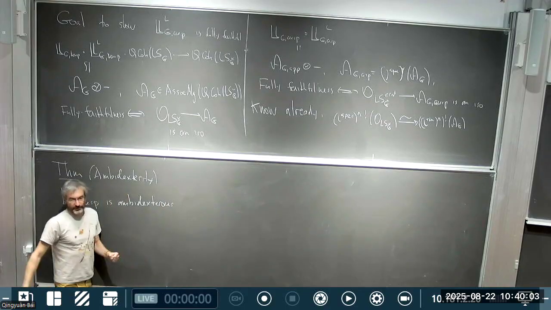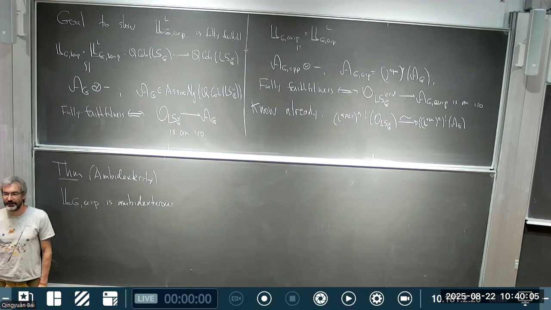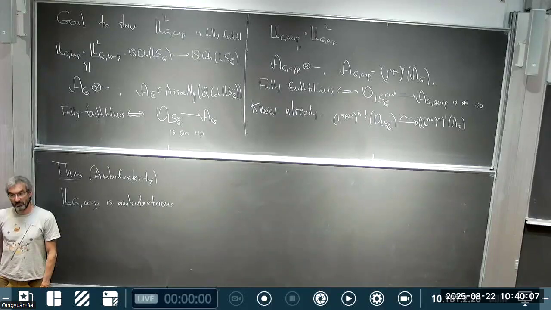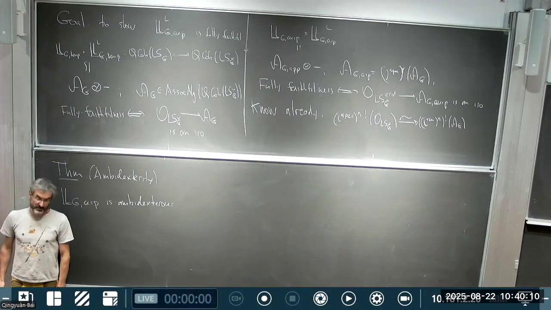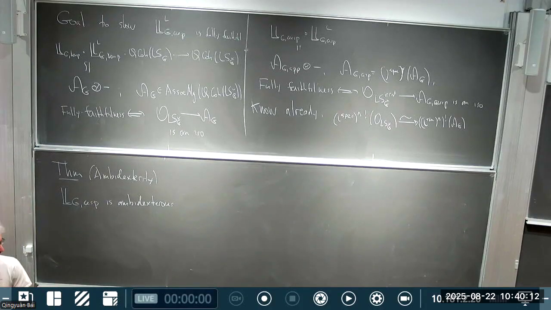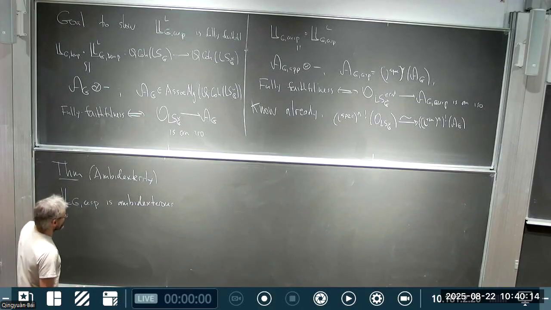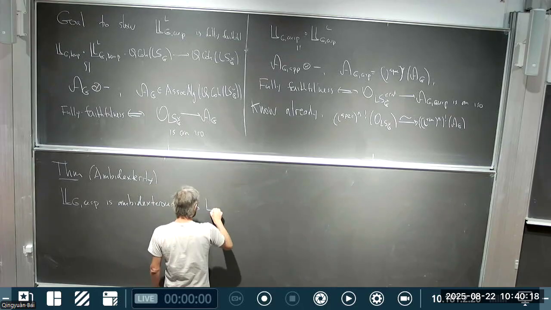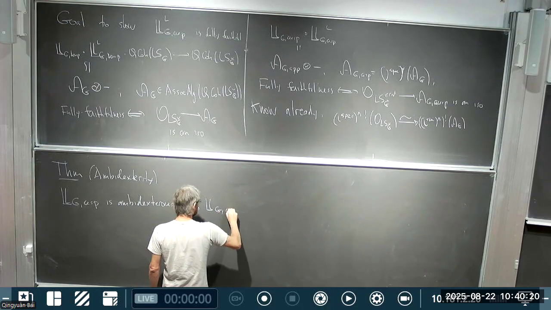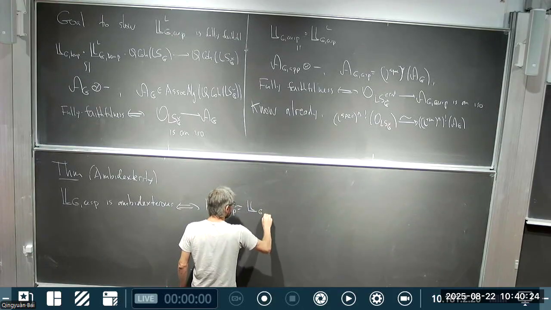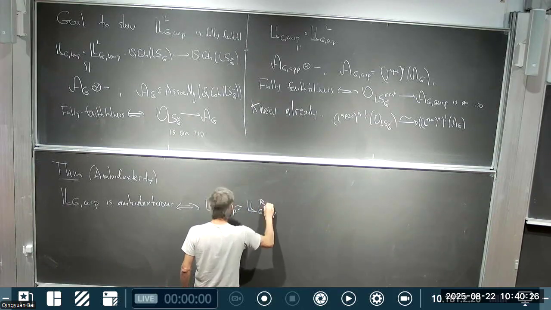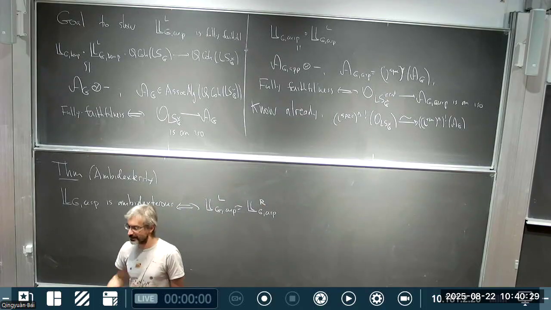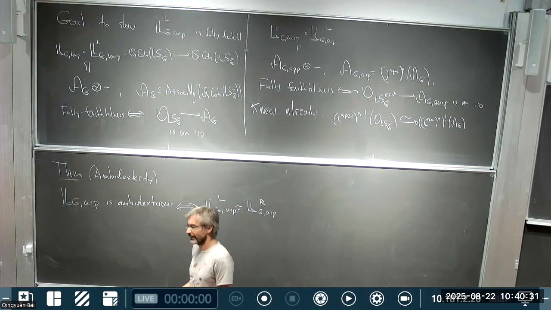Who knows the word? Raise your hand. What this means is that its left adjoint is isomorphic to its right adjoint. So we already know that the left adjoint exists. We claim that the right adjoint also exists. It actually happens to be isomorphic to the left adjoint.